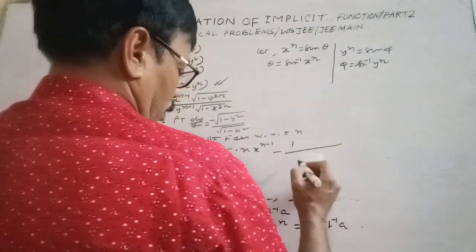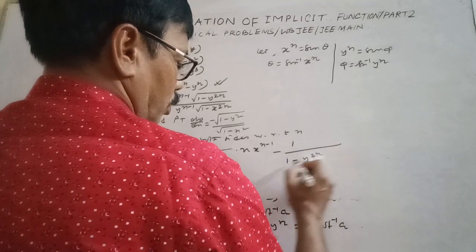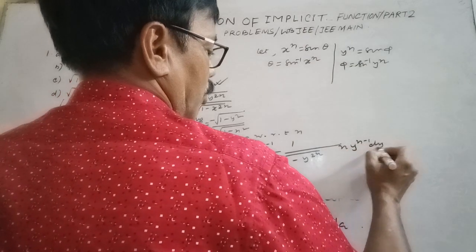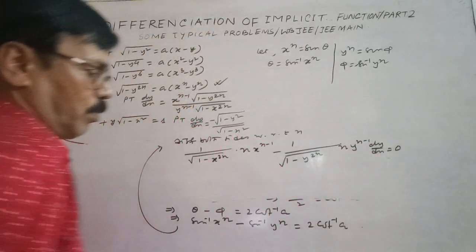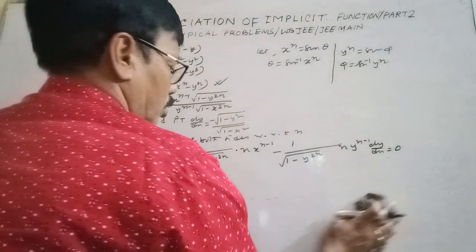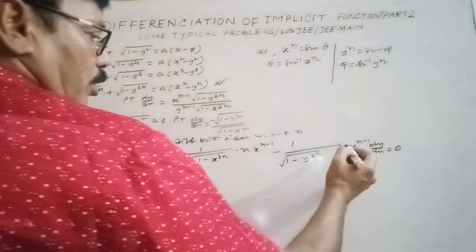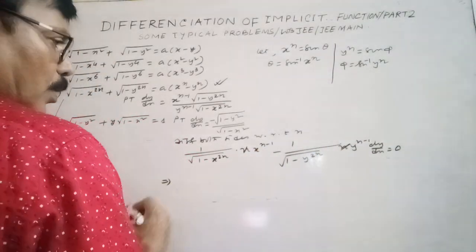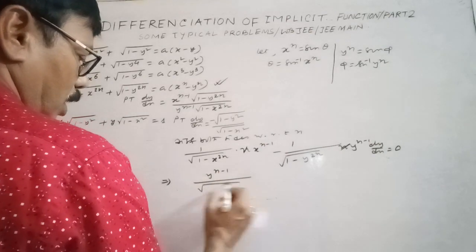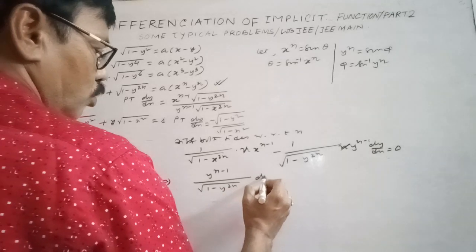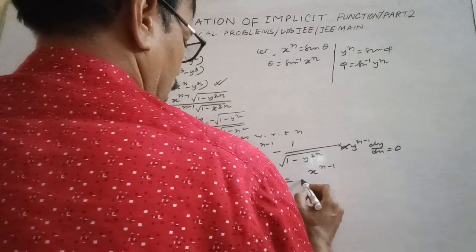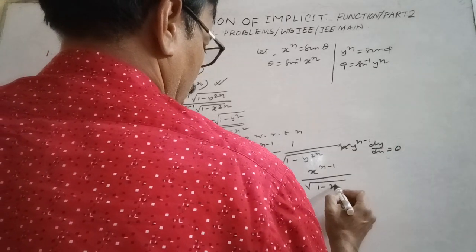Minus sine inverse y to the power n, with the same formula: 1 over root of (1 minus y to the power 2n), n into y to the power n minus 1 into dy/dx, because we are performing the derivative with respect to x. So n cancels. So what we are getting: y to the power n minus 1 into root over (1 minus y to the power 2n) into dy/dx equals x to the power n minus 1 into root over (1 minus x to the power 2n).